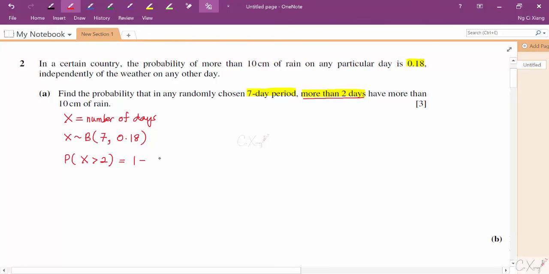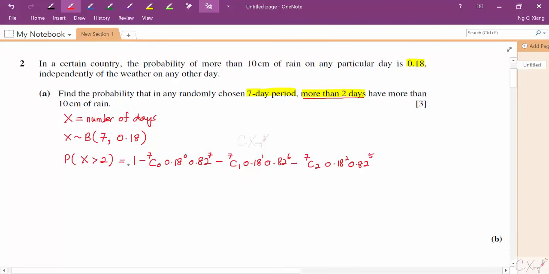So 1 minus P(X=0). P(X=0) will be 7C0, 0.18 power 0, 0.82 power 7. Then minus the probability for X=1, so 7C1, 0.18 power 1, 0.82 power 6, and also X=2.